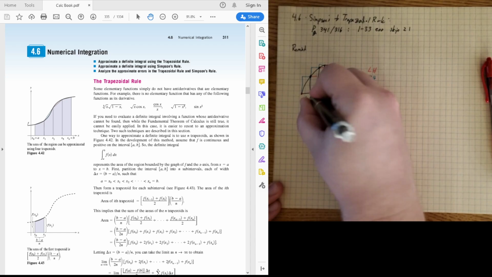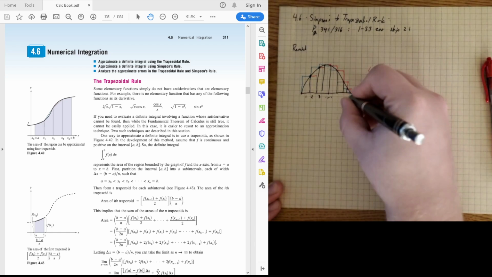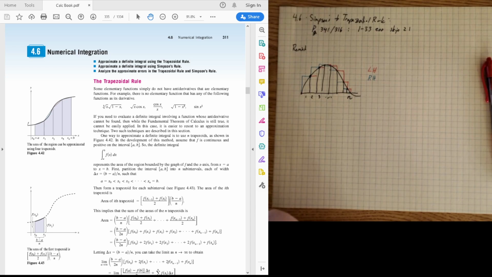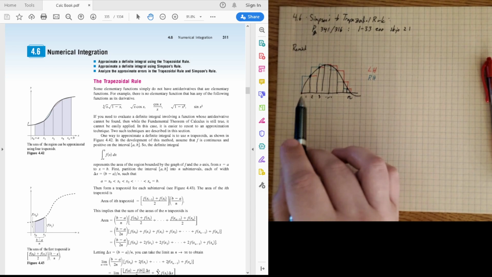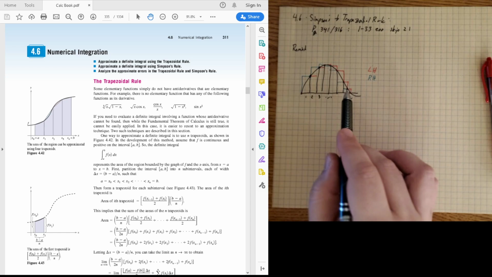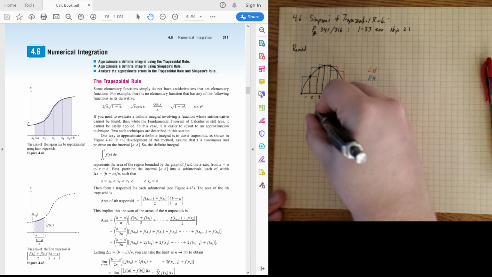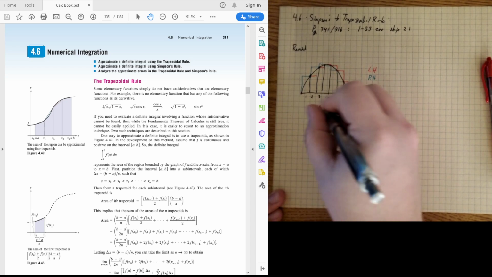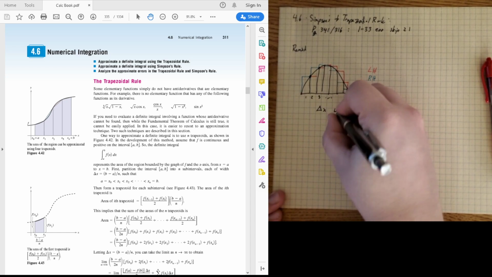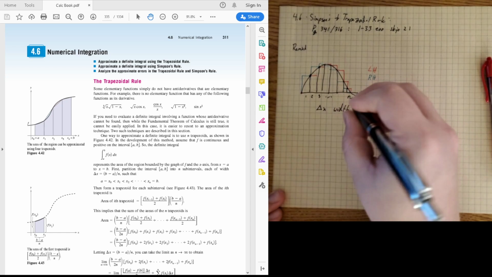Remember, the number of rectangles we have is considered to be the value of n. And so in this example, 1, 2, 3, 4, 5, 6, 7, 8 rectangles would mean we have an n of 8. We also talked about delta x as representing how wide each of these rectangles was.